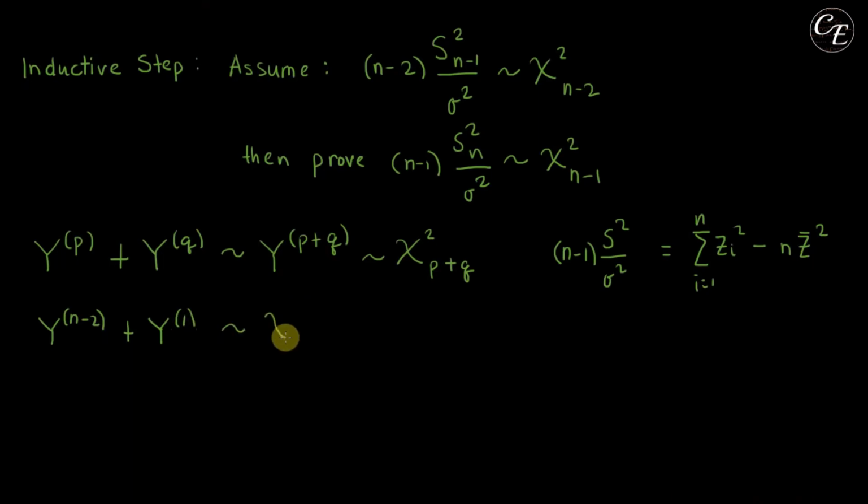We will have a chi-square distribution with n minus 1 degrees of freedom. So now, if this one can be expressed as sum of this one, which is this one, plus another one, which has a 1 degree of freedom, then we can prove that this one has a chi-square distribution with n minus 1 degrees of freedom.